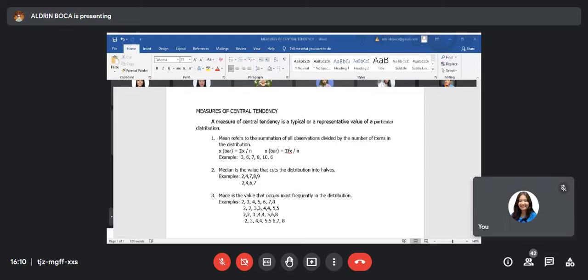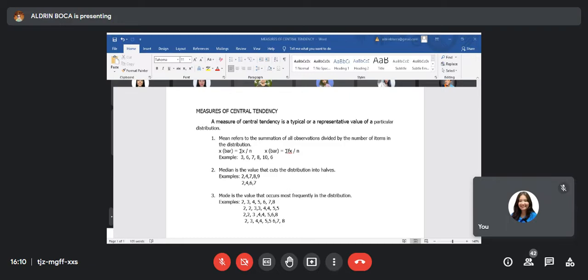That value should be able to represent the entire distribution, okay? So whether it is a mean, a median, or a mode, the value should speak about the distribution, okay? Where they come from, okay?